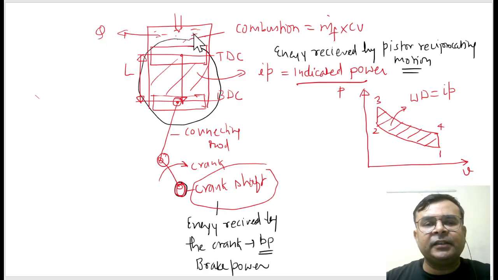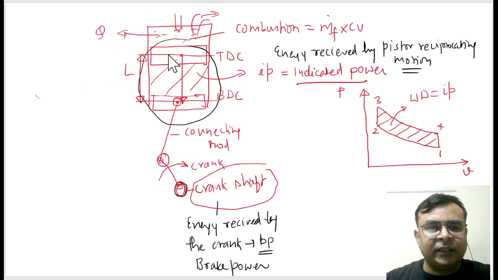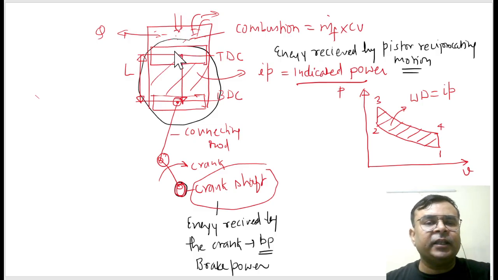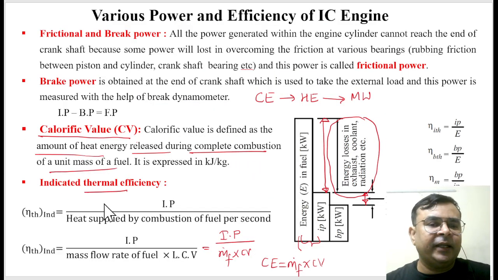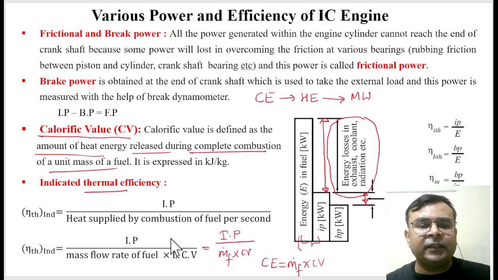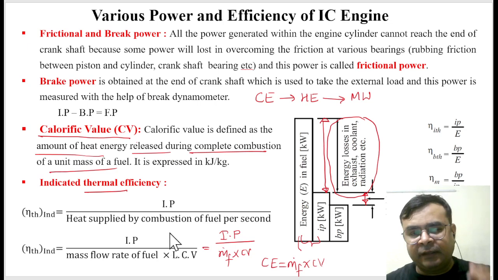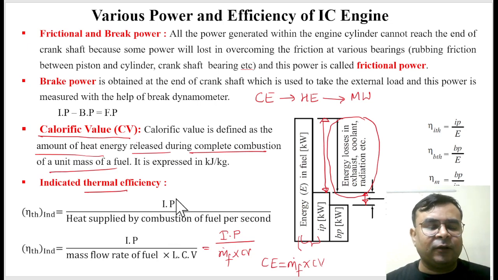And some of the gas escapes by the exhaust, yes or no? So obviously some amount of energy gets lost from the engine, so only partial energy is utilized. So if I write the efficiency of this energy conversion, it is represented by indicated thermal efficiency. We can write it is the ratio of indicated power over the energy supplied by the combustion of the fuel, that is mf into CV, yes or no?